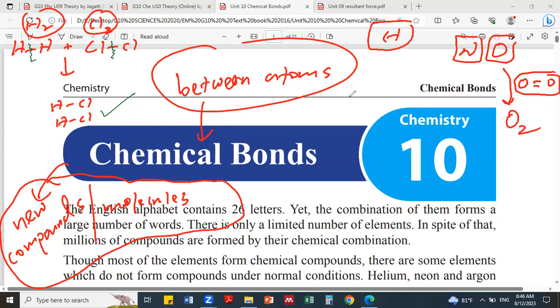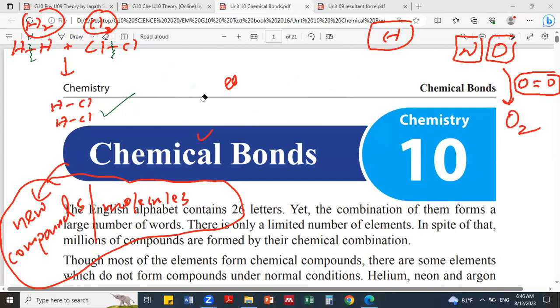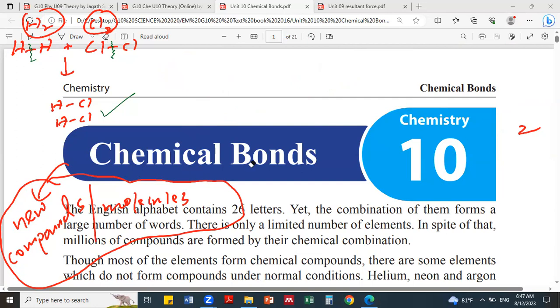For example, take salt in the kitchen: chemical bonds can be formed between atoms as well as between ions. I said H-H can become H2 between hydrogen atoms. Right?